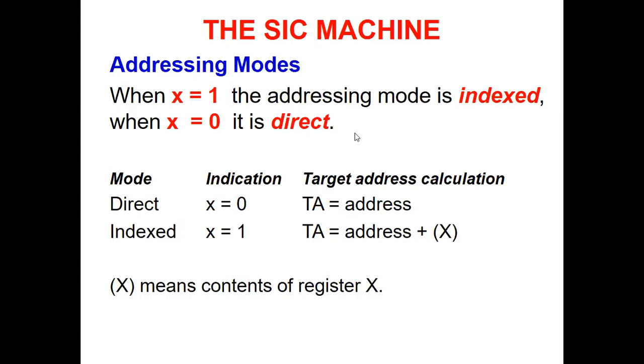We saw the simple version. Remember, we talked about the number of registers it has. We saw it had only 5 registers: the accumulator, the program counter, the status word, the register L, and the index register.